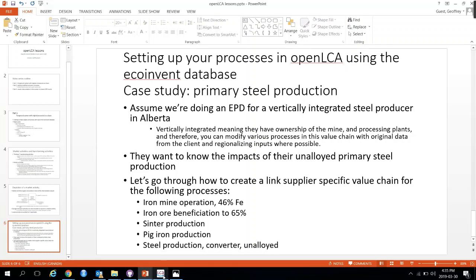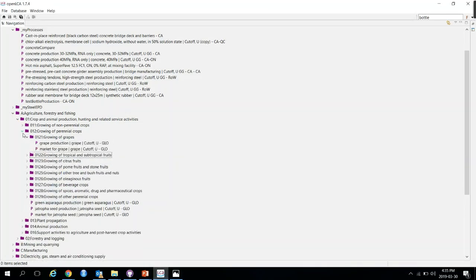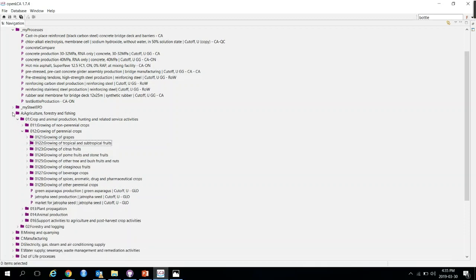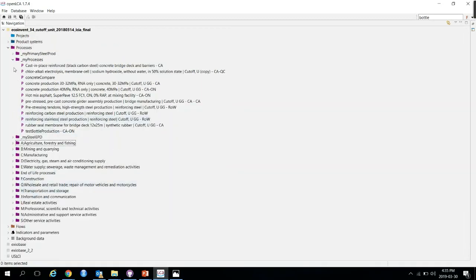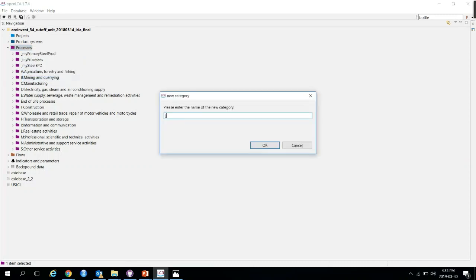So let's turn to openLCA now, and let's get this all closed up. As you see here, I already did it once in class, but now I'm going to do it again. So I'm going to create another folder.